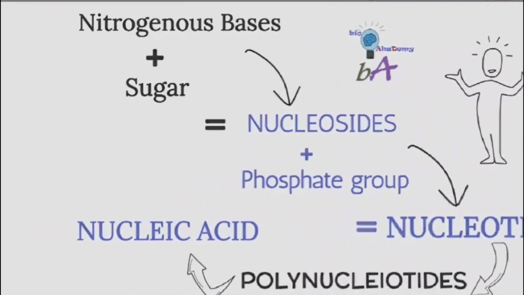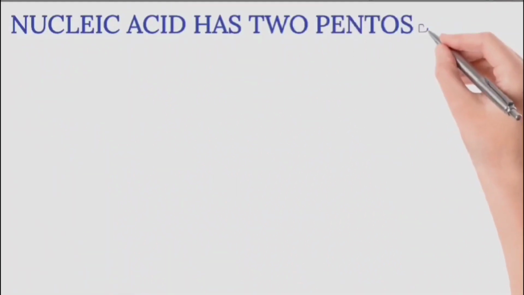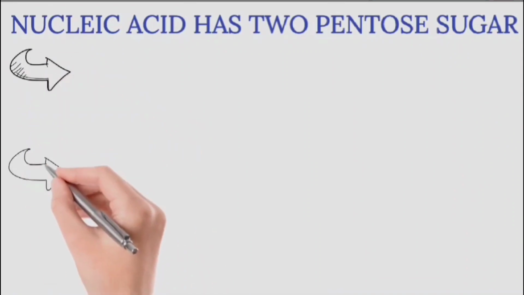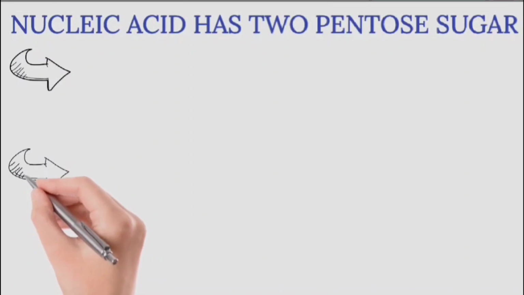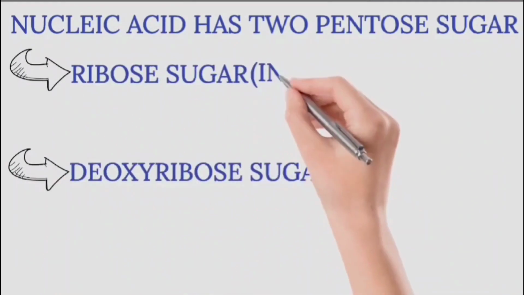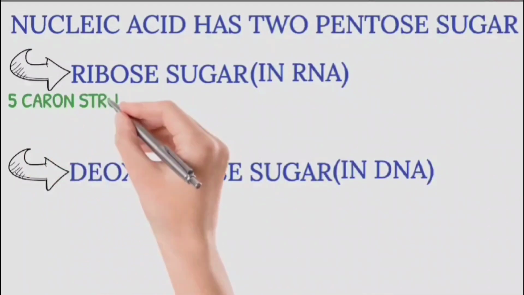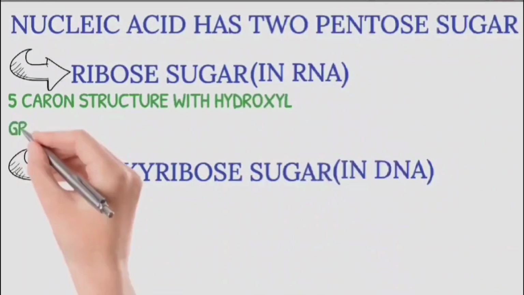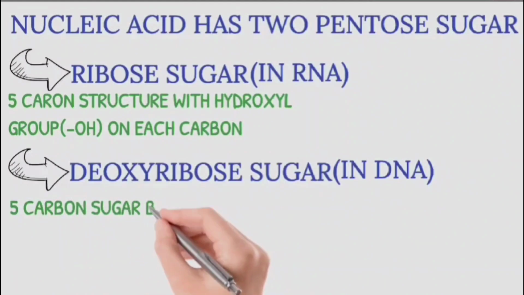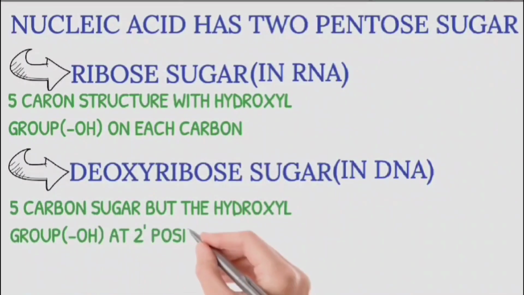Now, after the nitrogenous base, the other part of the nucleic acid is sugar, which contains 5 carbons. The 5 carbon containing ribose sugar is present in RNA, and the 5 carbon ribose without a hydroxyl group or OH group at the 2' position of the sugar, which is replaced by hydrogen and called deoxyribose, is present in DNA.